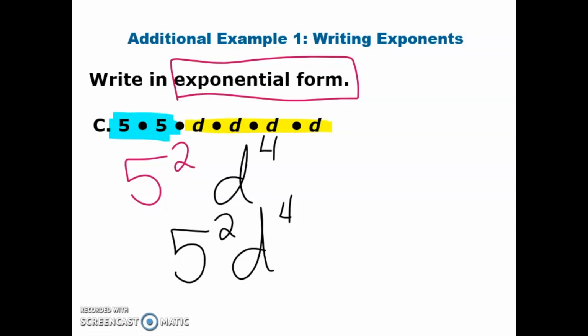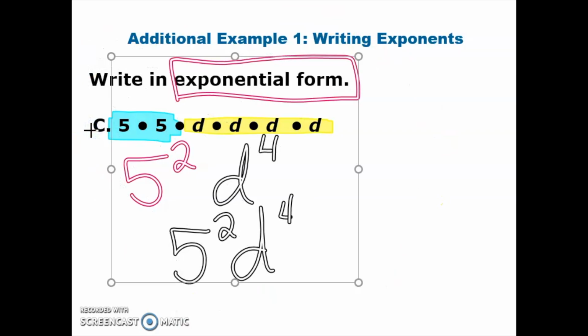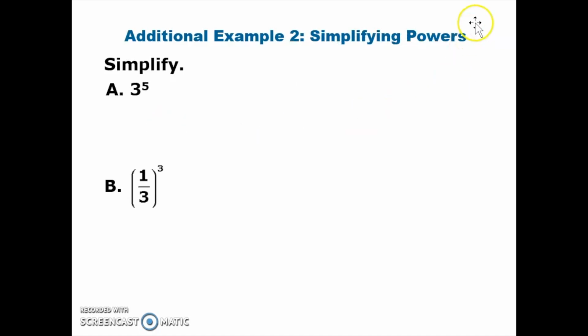Okay, so let's take a look at the difference between exponential form and actually simplifying a problem all the way. So when the directions tell us to simplify, that means that we're going to do everything that we can do. So that would actually be multiplying the problem out. So in this case, 3 to the 5th power, that would mean 3 times 3 times 3.